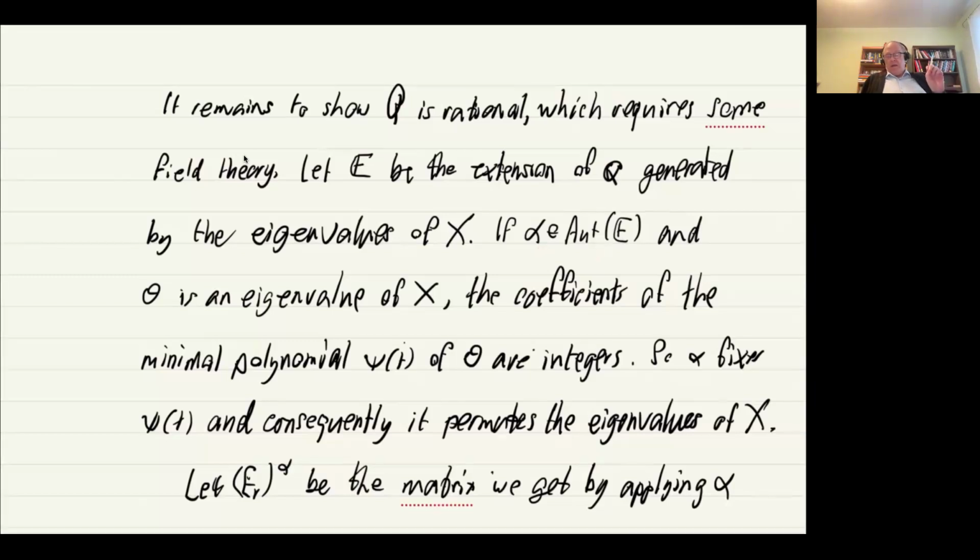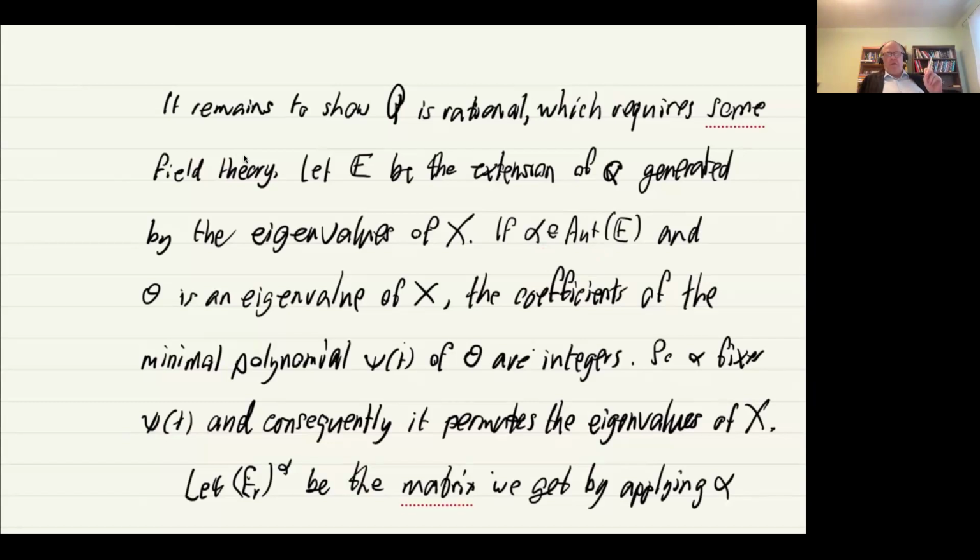Now that alpha must fix the rationals. In fact, the rationals are precisely what it fixes. We'll come back to that. But if alpha is one of these field automorphisms and theta is an eigenvalue, and you apply it, then it maps the minimal polynomial of theta to itself, because the coefficients of the minimal polynomial are integers.